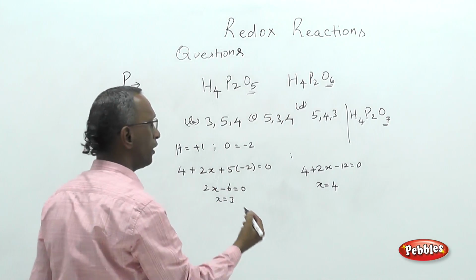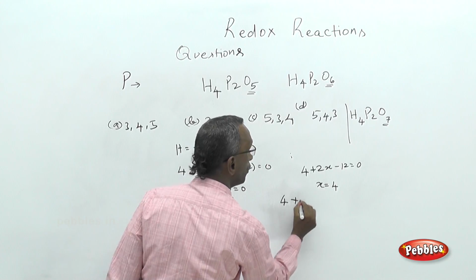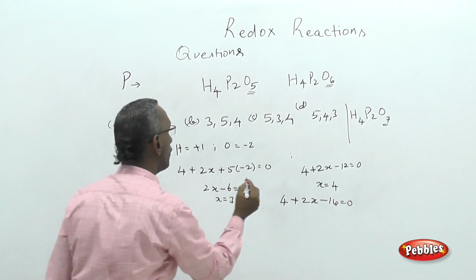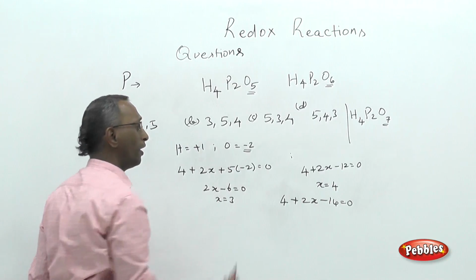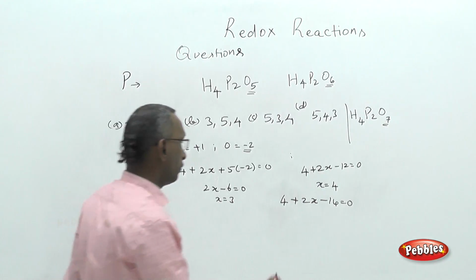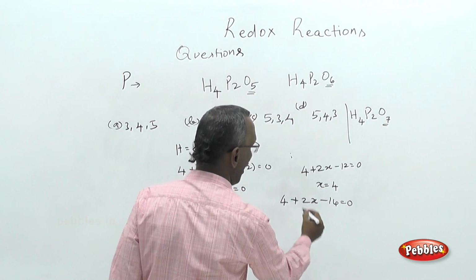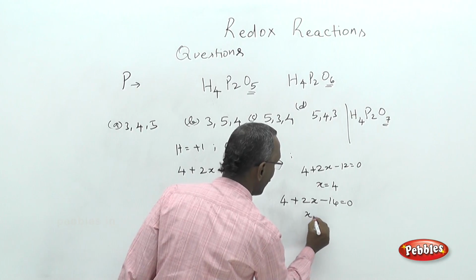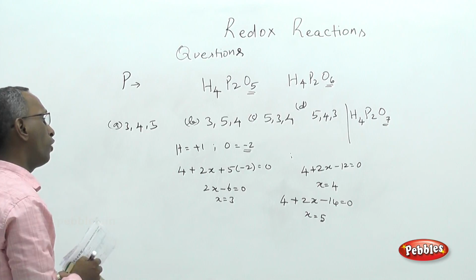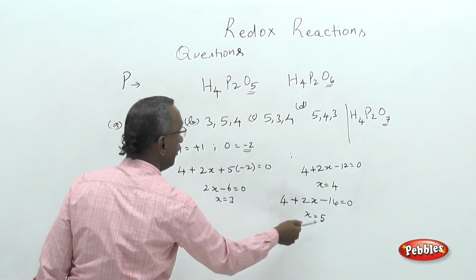For the last case, in the usual manner, it becomes 4 plus 2x minus 14 equal to 0. For every additional oxygen, the oxidation number changes by minus 2. So 4 plus 2x minus 14, or 2x minus 10 equal to 0, or x equal to 5. So the oxidation states of phosphorus in the 3 compounds are 3, 4 and 5.